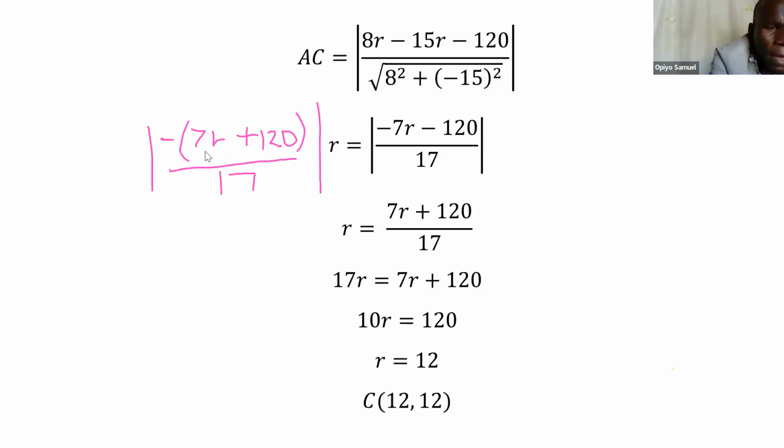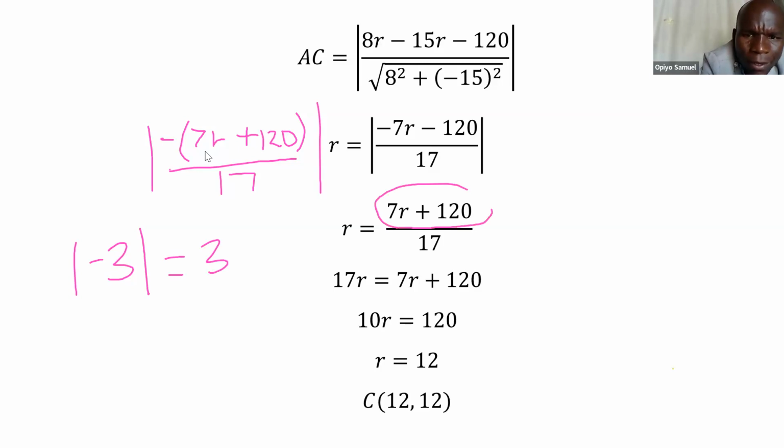Now, remember the other time I gave an example using 3. I said if you get the modulus of negative 3, then the result is 3. Which means the modulus of negative (7R plus 120) is the same as this one here. Have we followed now?